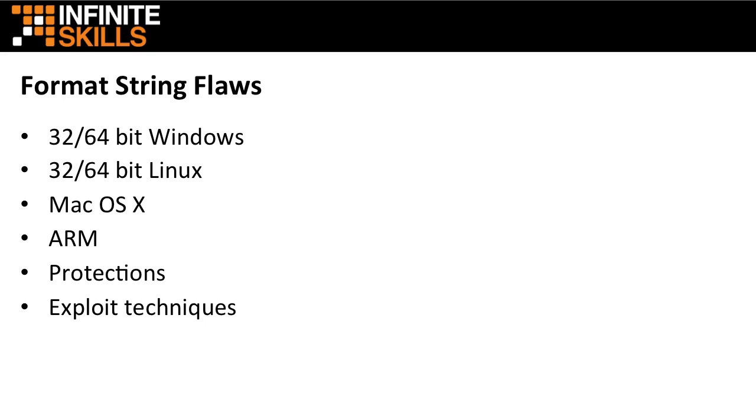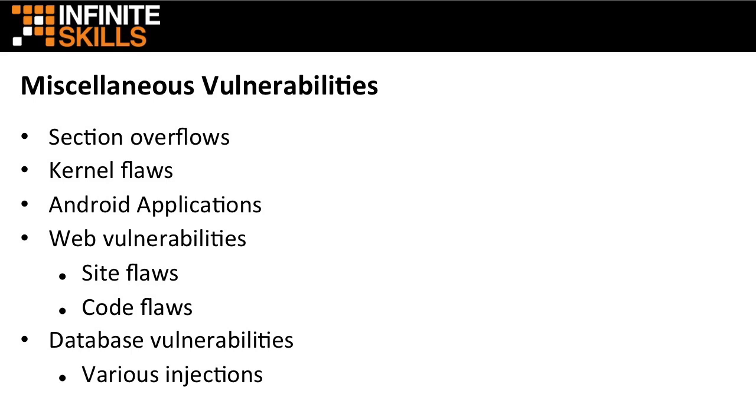We'll talk about the different exploit techniques, and we'll go through some very detailed examples and show you how you can exploit these flaws. We'll also cover some miscellaneous vulnerabilities, such as section overflows. So in addition to overflowing various buffers, you can also overflow various sections in your programs. So we'll talk about that.